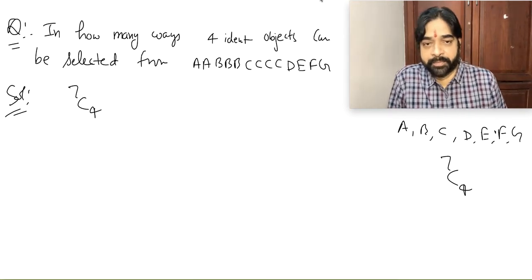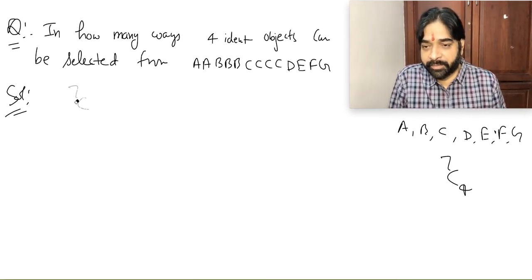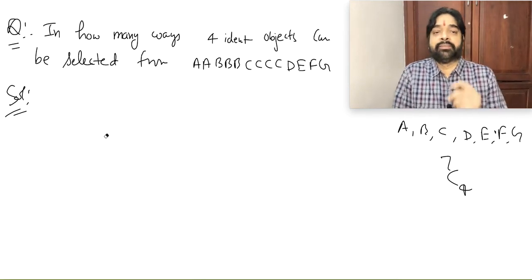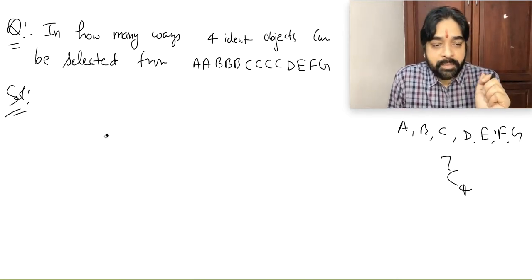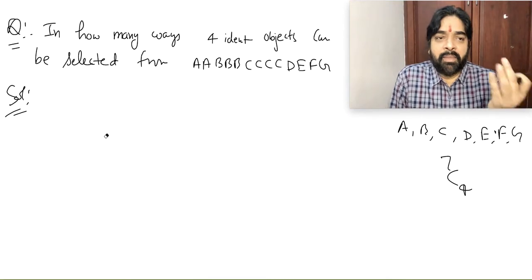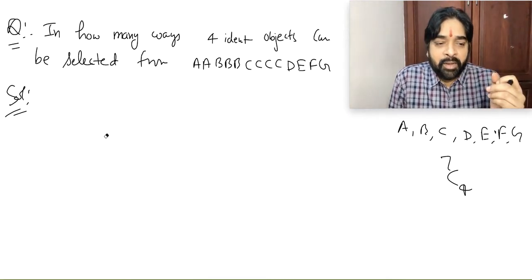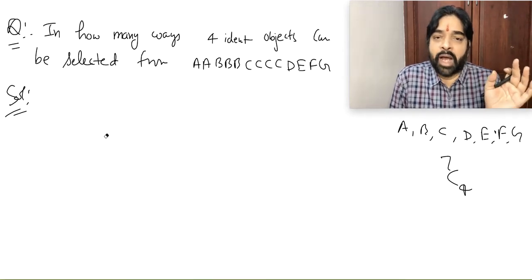Speak out. 4 identical. In how many ways can you select 4 identical? Fast. My question is complete, your answer should come. Everybody's answer should come. In how many ways can I select 4 identical objects?